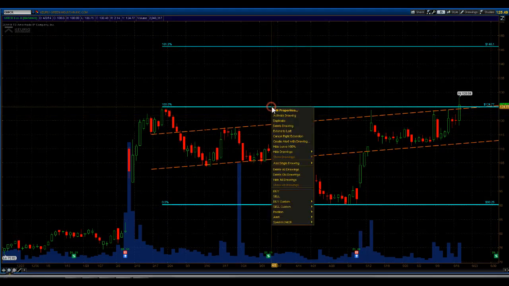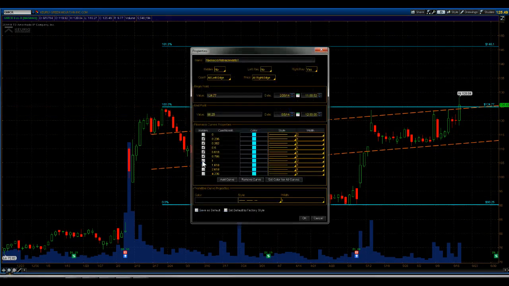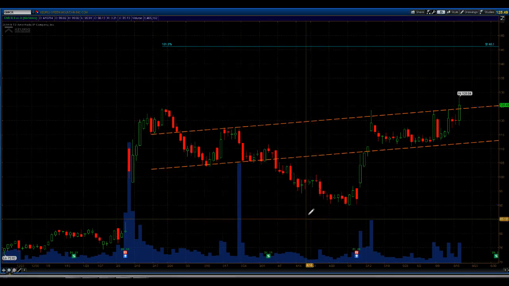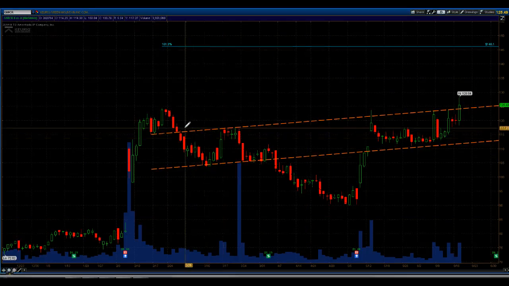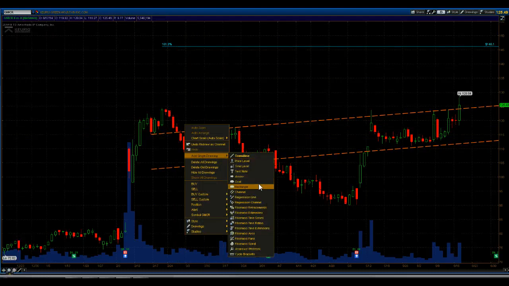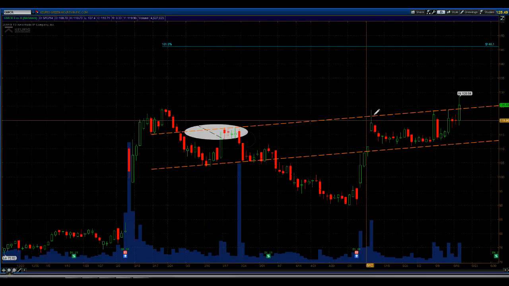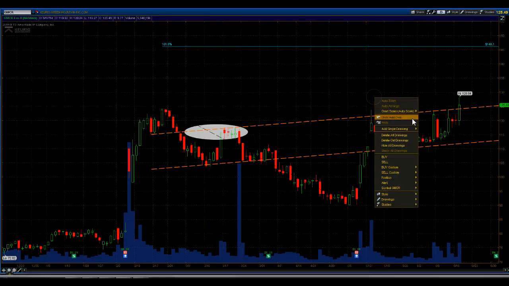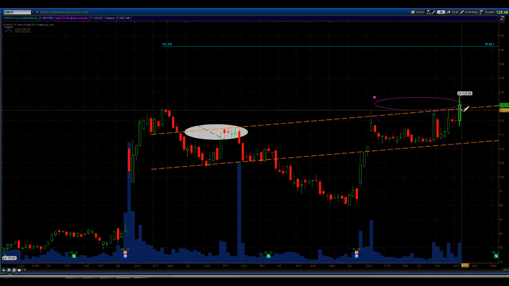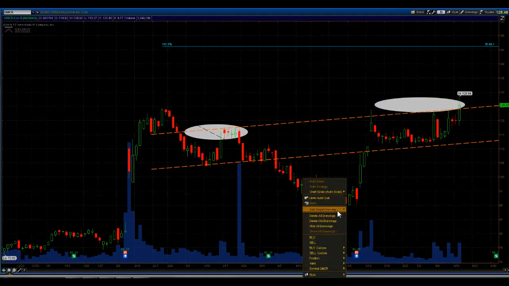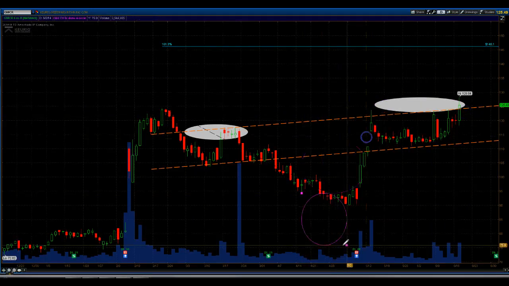So there, we don't really even need the 100, to be honest. There. So now you can see there is a left shoulder, right shoulder, and the head.